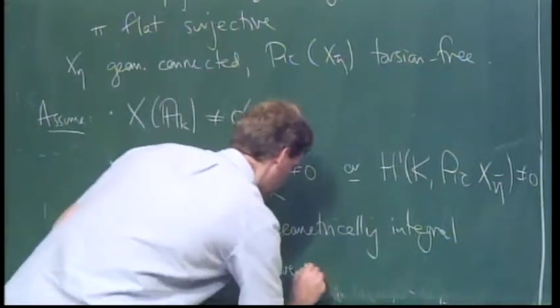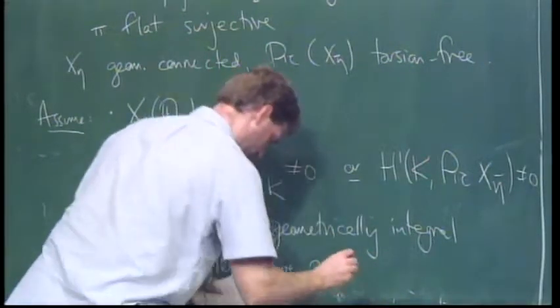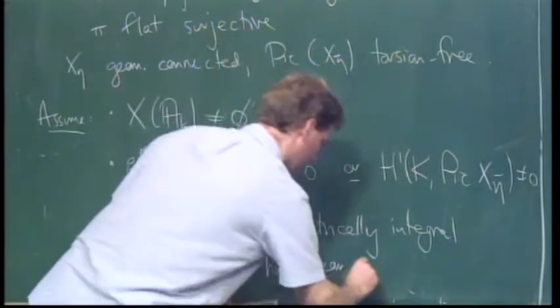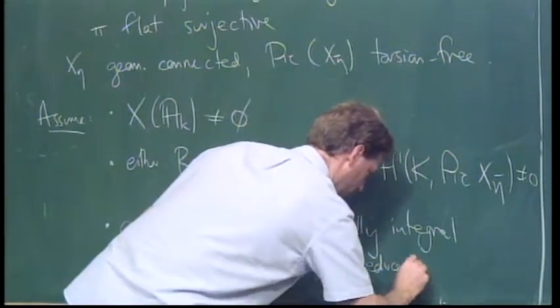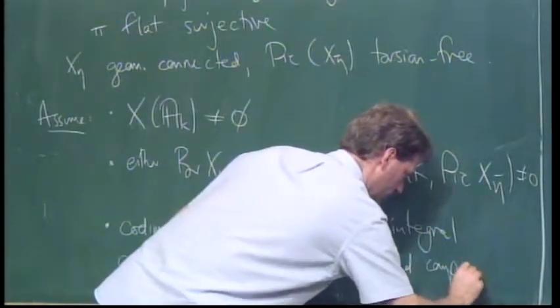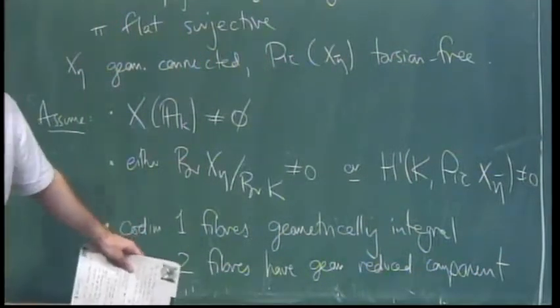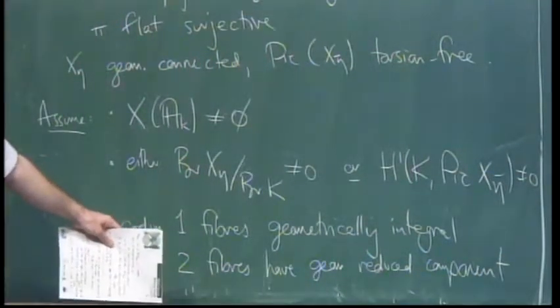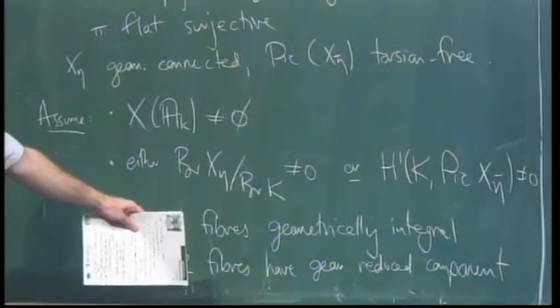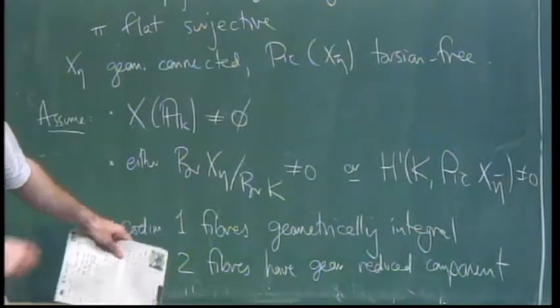Geometrically, right, they have a geometrically reduced component. This is simply that at some point in the proof, I have to restrict to the smooth locus of pi, and I want there still to be something there over the codimension 2 points.